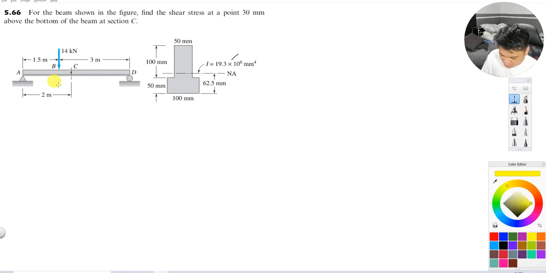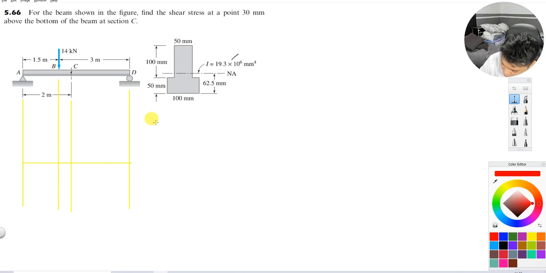So again, let's draw the shear diagram at point C. But first, let me get my reactions. So I take the summation of moments about A equal to 0.